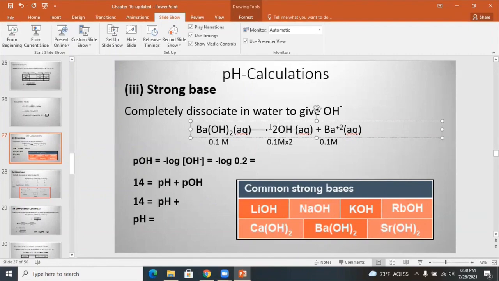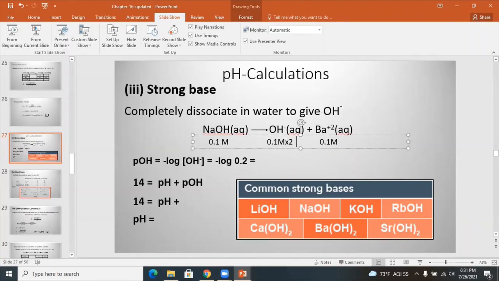This one has 2 hydroxide ions because you have 2 in the equation, barium hydroxide, OH 2. So that will make this 2 times 0.1. So the concentration of the hydroxide is 0.2. And by taking minus log of that, you will see that this value is, of course, different than the minus log of 0.1. And once you get that, your pH again will be different. For sodium hydroxide, you don't need the 2 anymore because sodium is group 1. And you don't need the 2 here anymore.